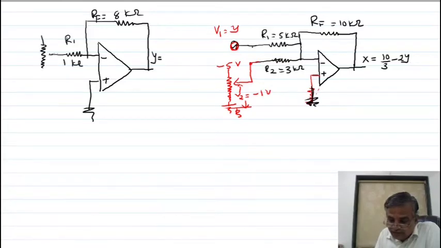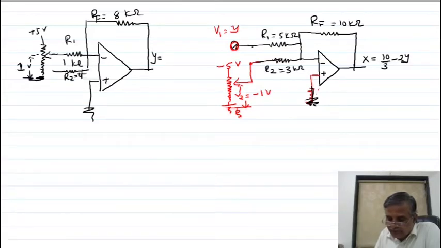1 volt you can keep this way. This is a plus 5 volt. This is your ground. So here you will get 1 volt. You have to adjust the potentiometer, so you will get 1 volt. Now R2. This is R2.